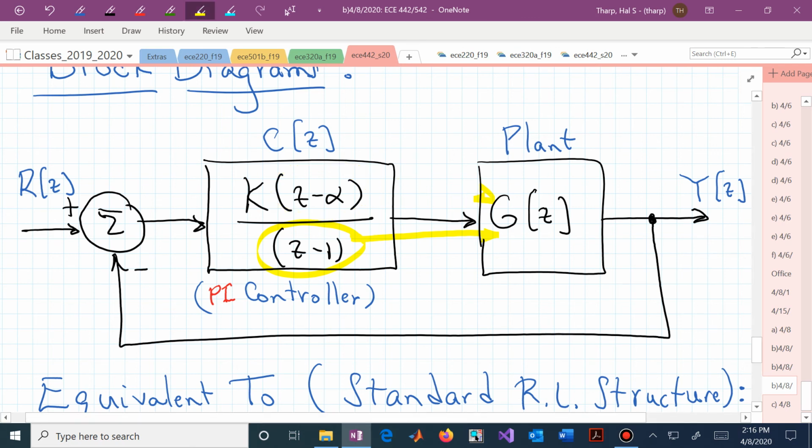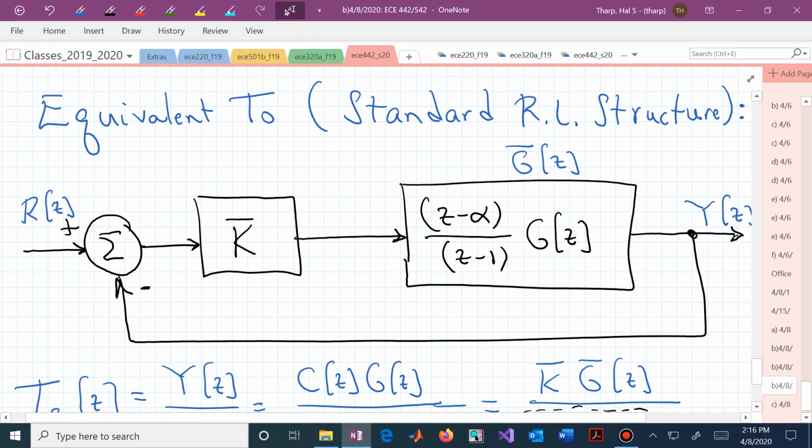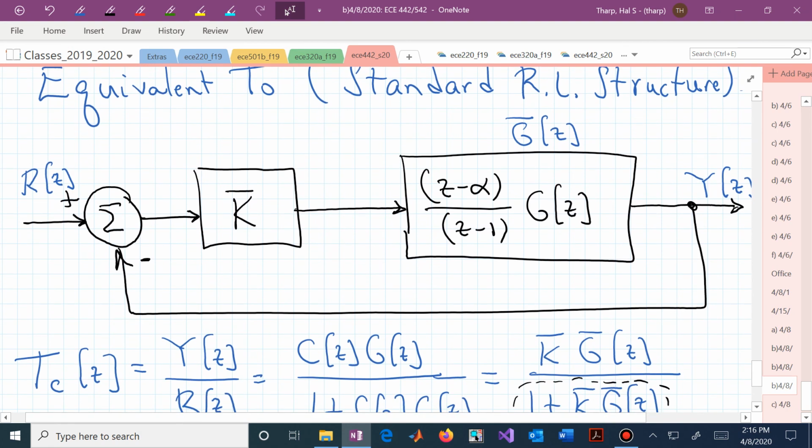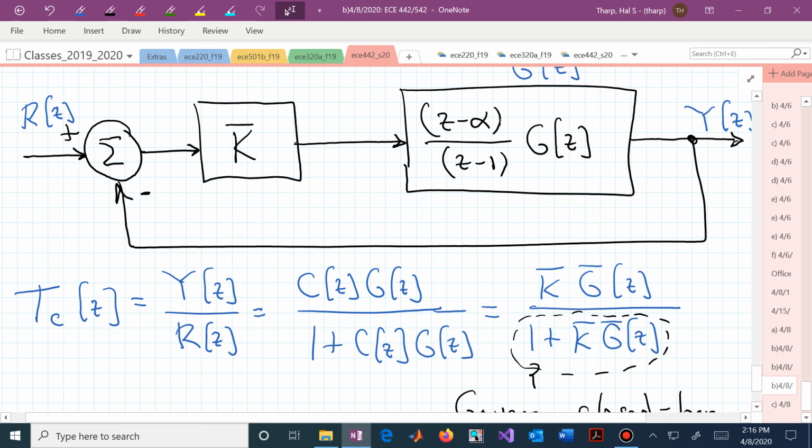We obviously will need to select an alpha, but once we select a 0 location, now we have a G bar of Z being controlled with a K bar. And this we can find. Here is the PI controller. There is our original plant G. We have CG over 1 plus CG.